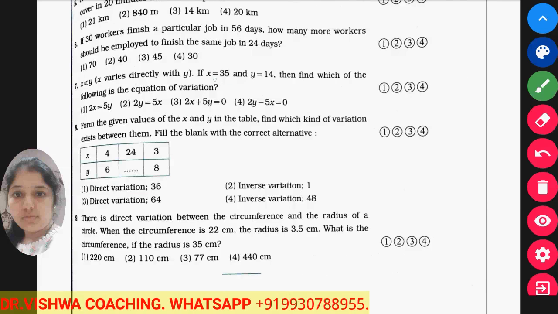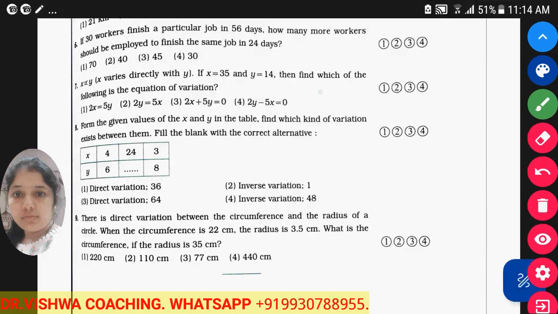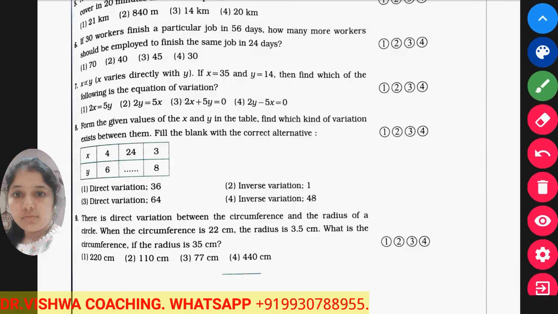X is directly proportional to y. X is equal to 35, y is equal to 14. Find which of the following is the equation of variation. Now see, x is directly proportional to y. So x is equal to a into y, where a is the constant of variation. So a is equal to x upon y.